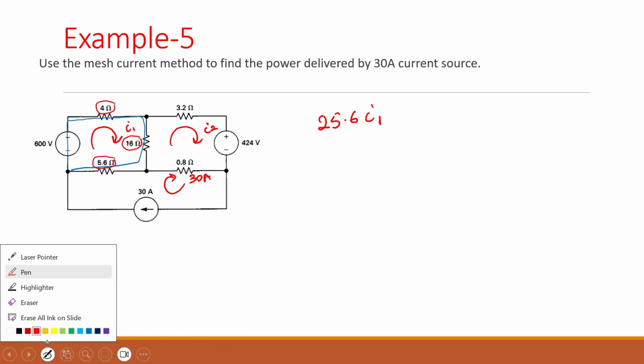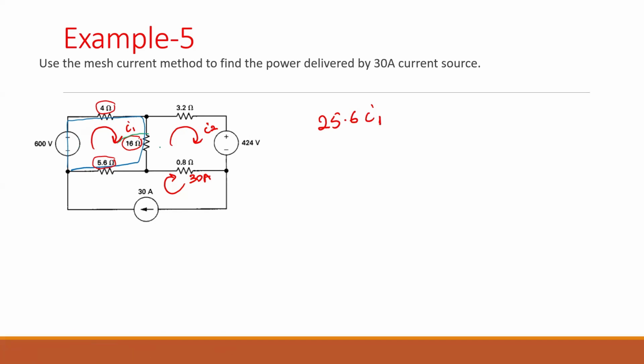You can write it like that. And also this 16 is shared between I1 and I2, so that is a negative 16 I2 and negative 5.6 times 30. So this 30 is the I3 or that one there.